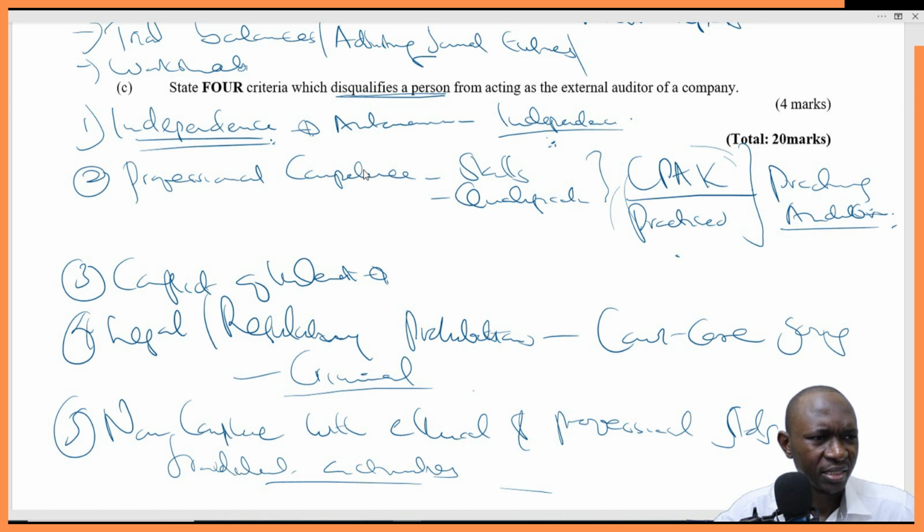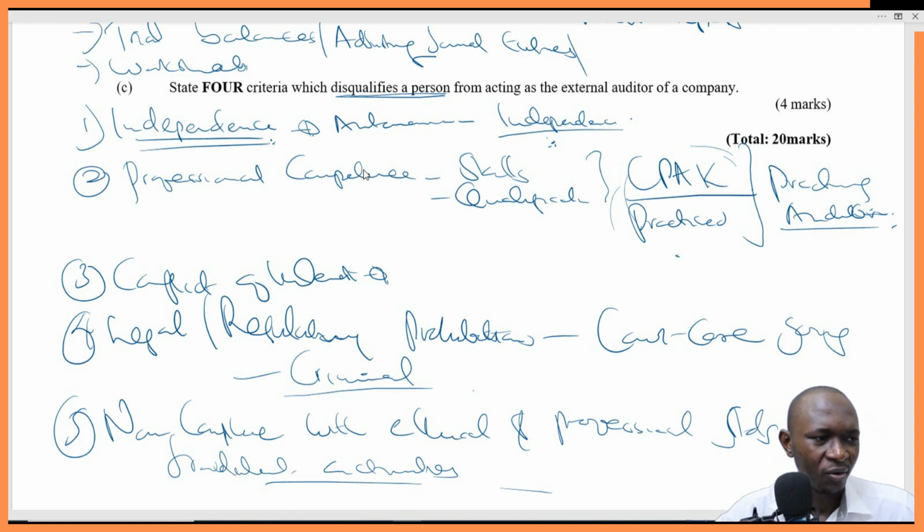Let me just see what we have that we can add on this. I think we've said most of them. A person shall be disqualified if he's a partner, or you are one of the directors or one of the partners, I think we've talked about that.